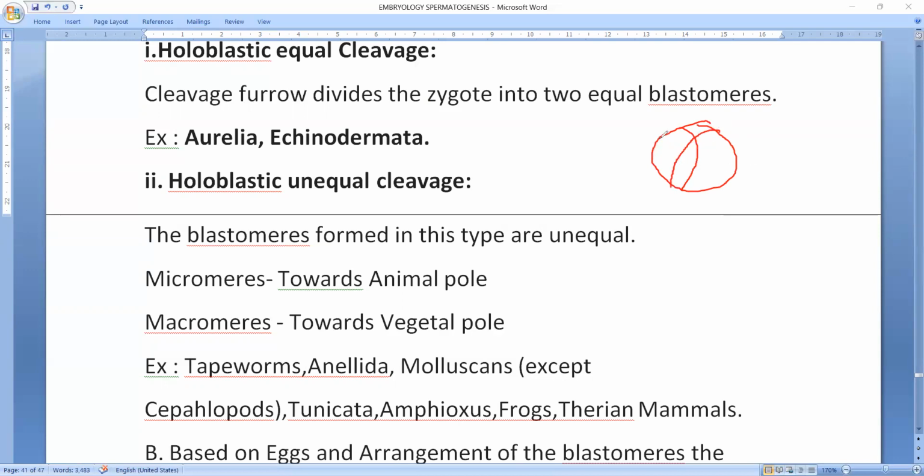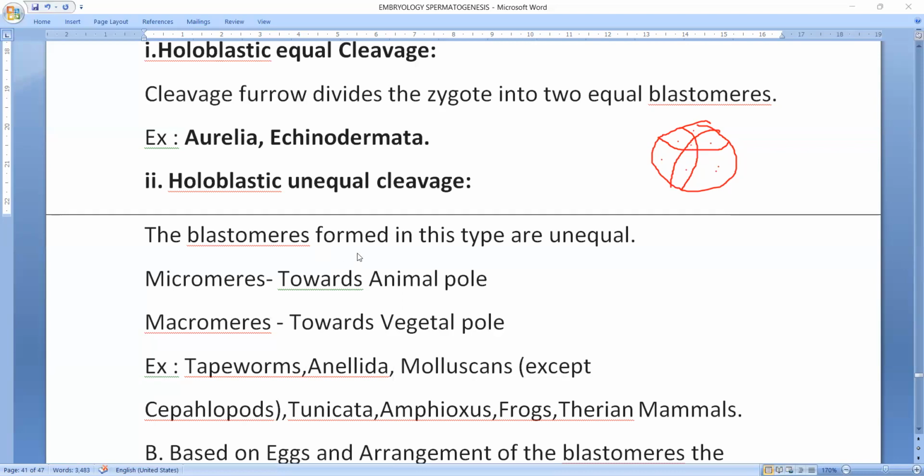Until now the 4 cells are equal in size, but the third or fourth cleavage furrow occurs latitudinally or near the poles. Due to that, these cells will be bigger in size, and these are called macromeres, and these cells are smaller in size, and these are called micromeres. Such kind of cleavage is called holoblastic unequal cleavage.